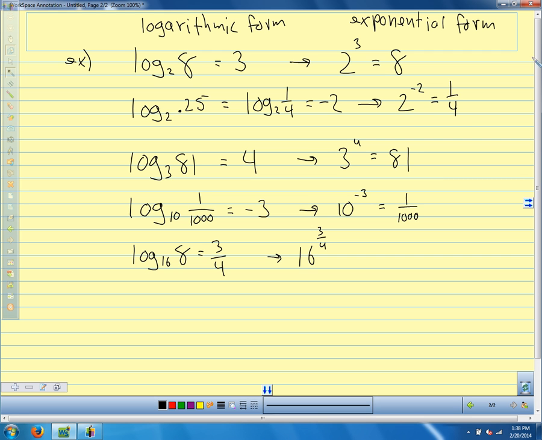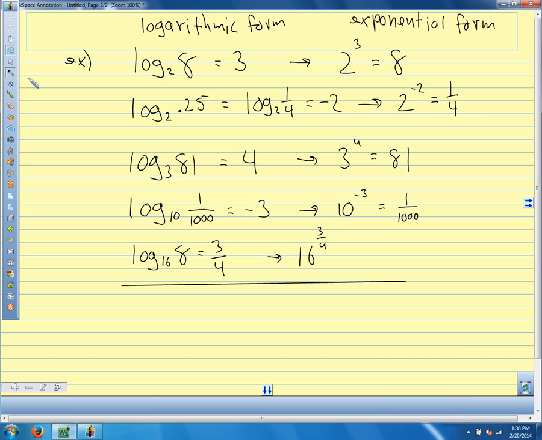So what I want to do next is go the other direction, from exponential form to logarithmic form. So let's write some of these things in exponential form and rewrite them in logarithmic form.